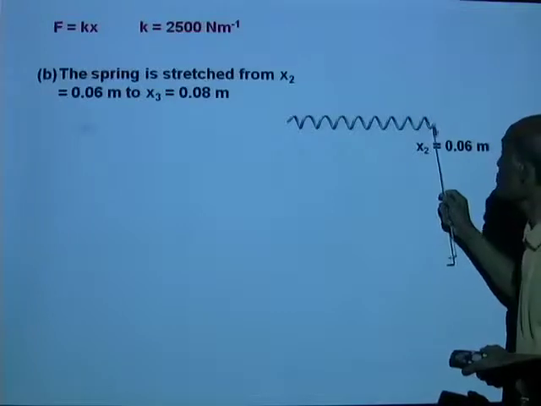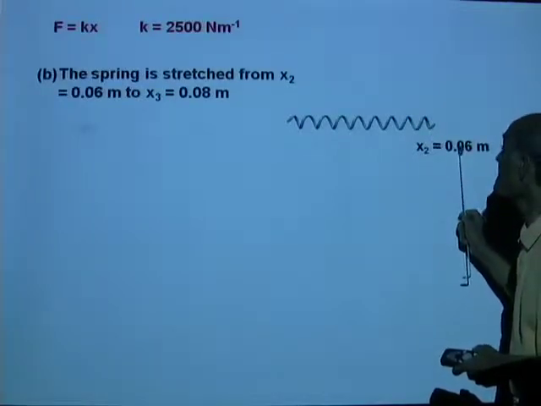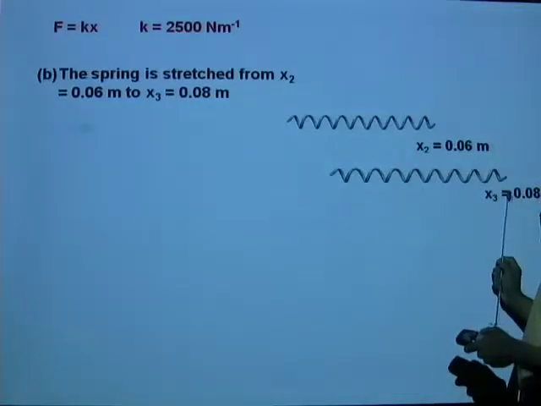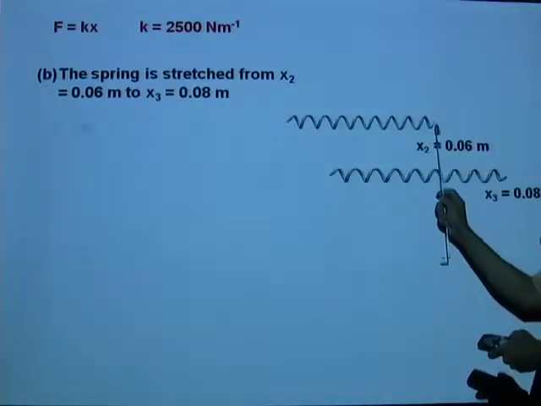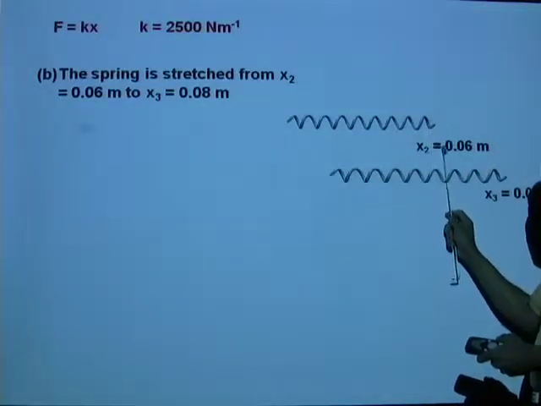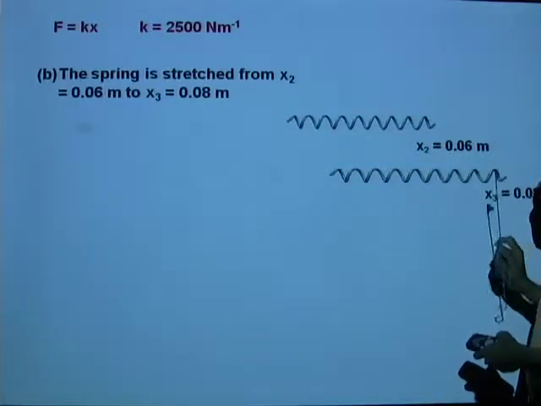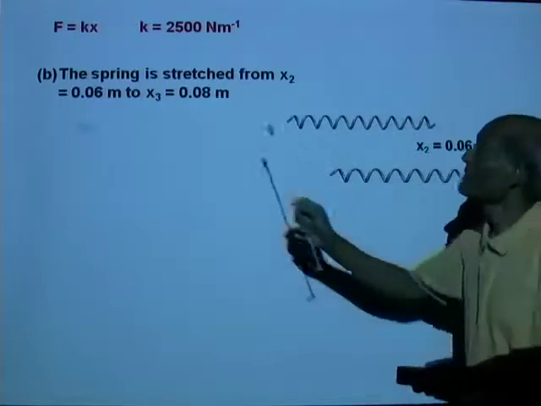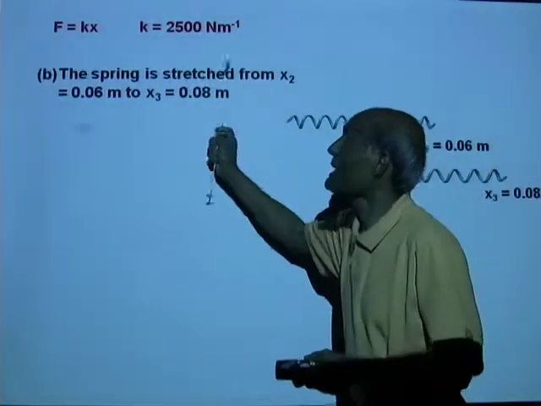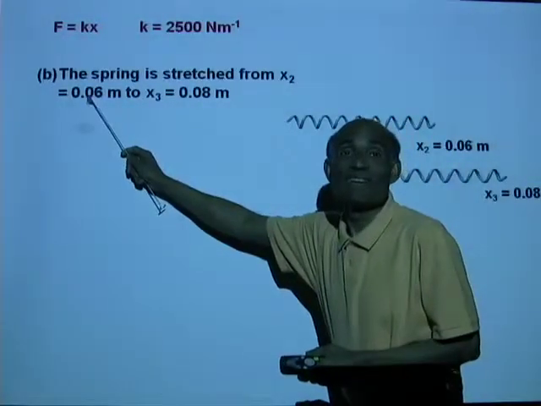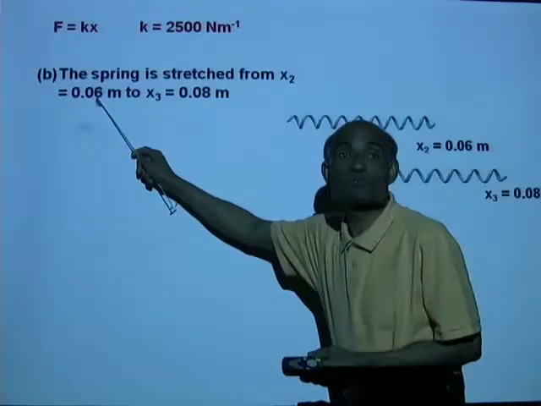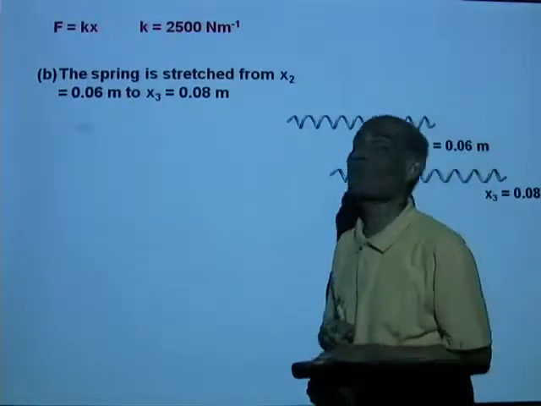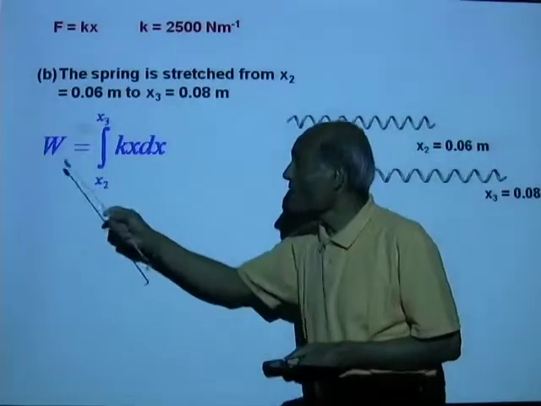So now you have stretched the spring 0.06 meter. You need to stretch it by an additional 2 centimeter. Means if your x2 is 0.06 meter, your x3 is 0.08 meter. So the spring is stretched from its position x2 equal to 0.06 meter to x3 equal to 0.08 meter.